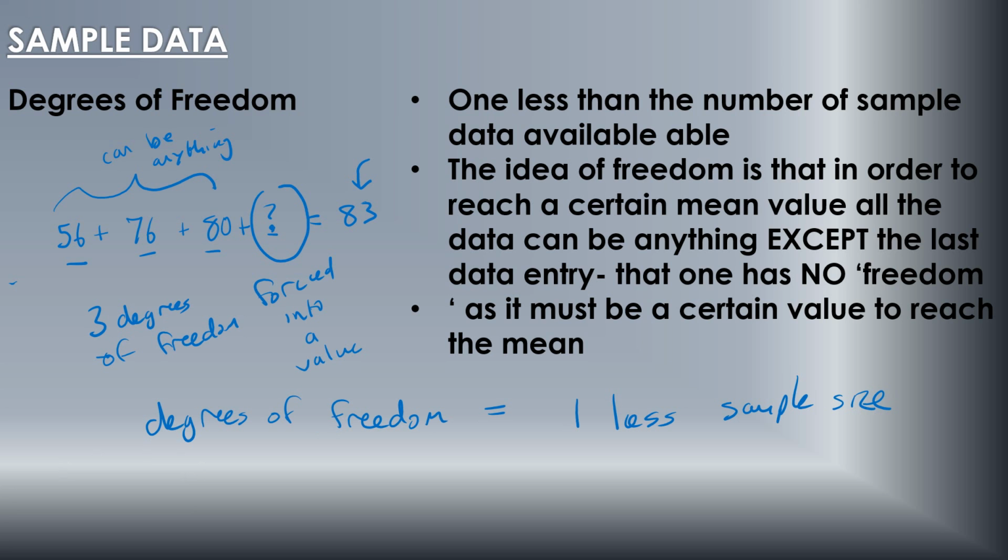That's the idea there for degrees of freedom. So if I have a sample size of 30, then my degrees of freedom is 29, 1 less than the sample size. And that's saying that 29 of those data points could be anything, and then the 30th one has to be a specific number in order for us to get a certain value for our mean.